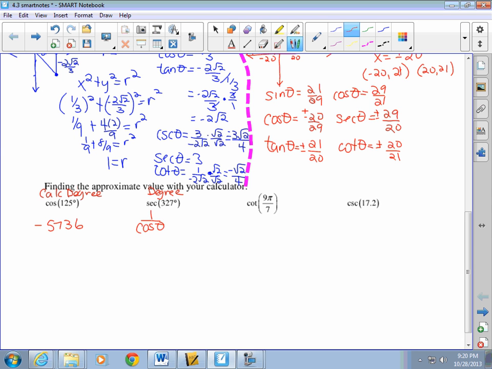So that's the same as saying on your calculator this would be 1 divided by cos of 327 degrees. So if you punch that in, you get 1.1924. And again, I round it to 4 decimal places.